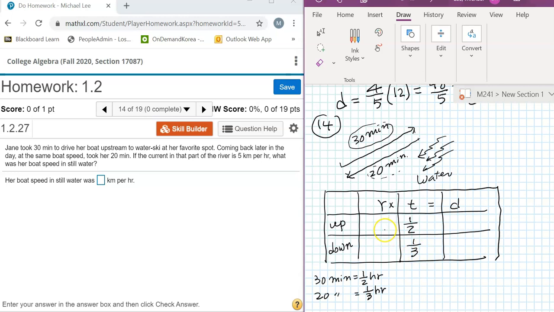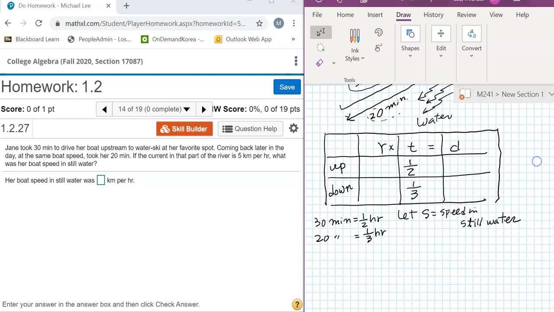So coming down is only 20 minutes. And then when you go up, okay, let S be the speed in still water. Then when you go up, you lose that speed.